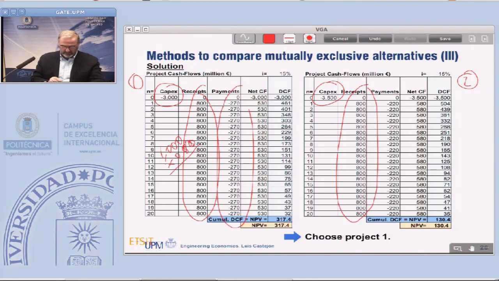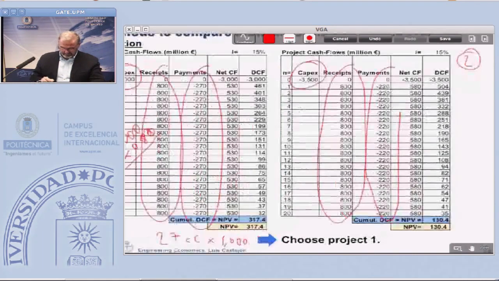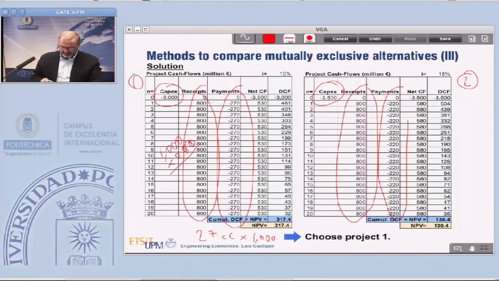And we have here the payments, the product cost. The product cost is 27 euros times the million liters, and in the case of technology 2, the cost of production is lower, 22 euros. So the net cash flow every year in project 1 is 530 million, and in the case of technology 2 it is 50 million euros higher, 580.